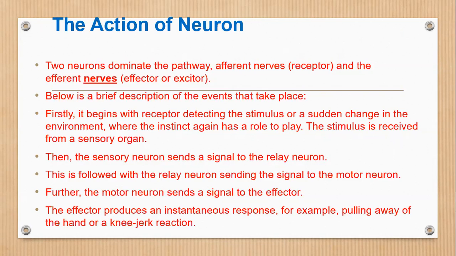The stimulus is received from a sensory organ. Then the sensory neurons send a signal to the relay neuron, and the relay neuron sends the signal to the motor neuron, and the motor neuron sends the signal to the effector, and the effector produces an involuntary response, for example pulling away of the hand or knee jerk.